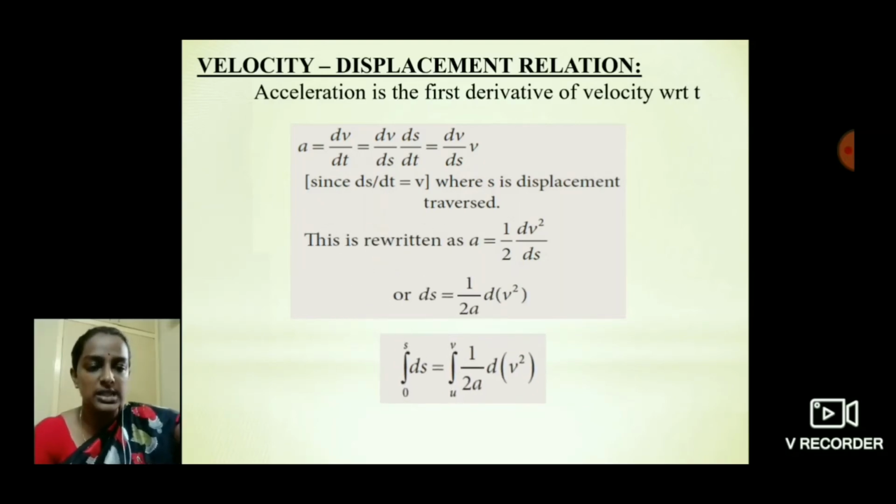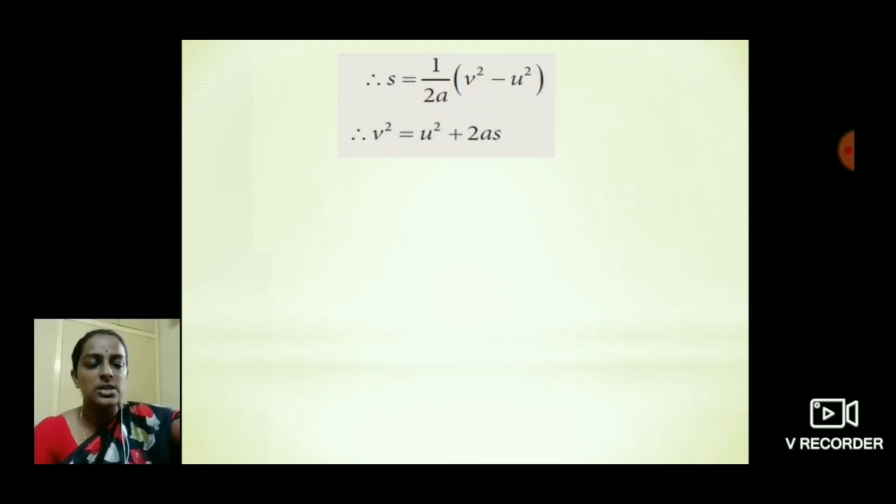When we integrate, integral 0 to s of ds equals integral u to v of 1 by 2a dv square. We get s equals 1 by 2a into v square minus u square, and we know v square equals u square plus 2as.